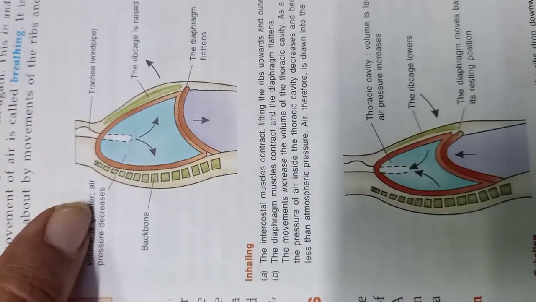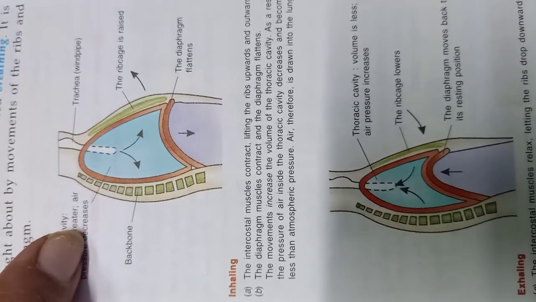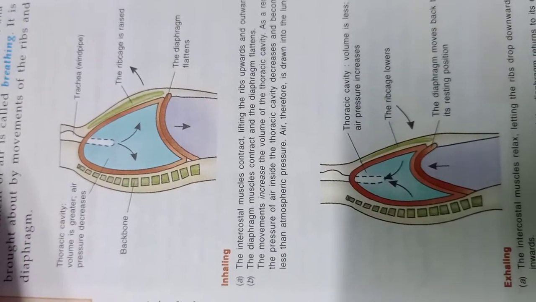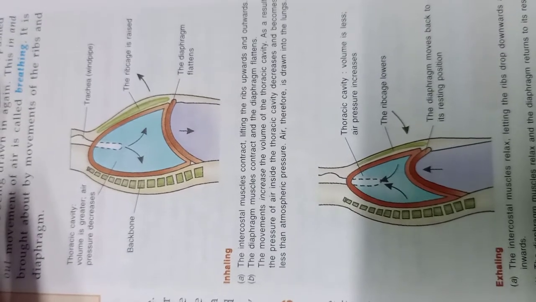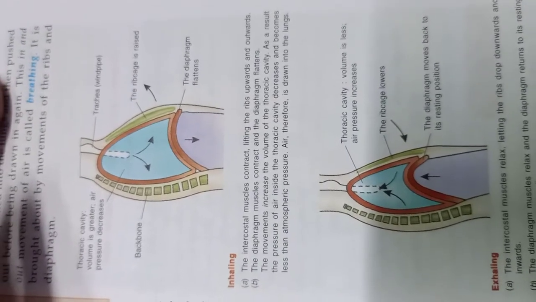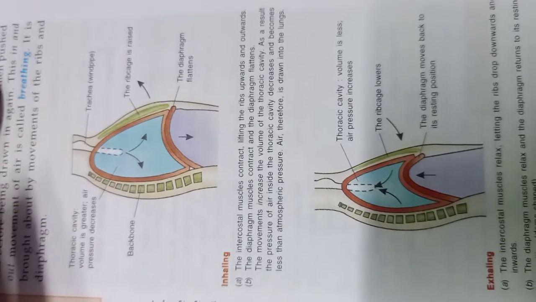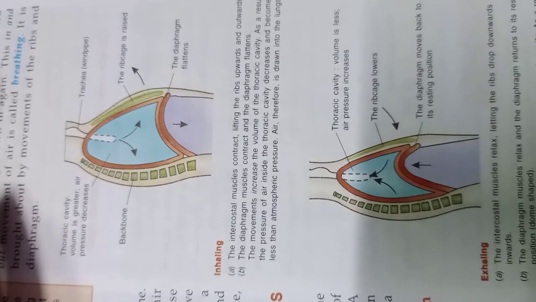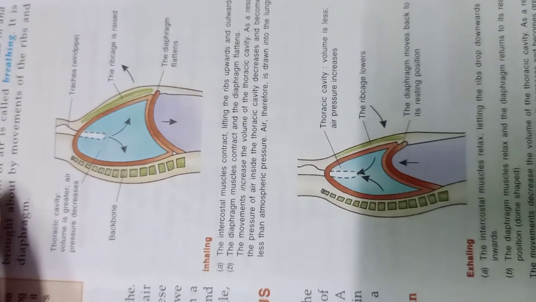When volume is greater, air pressure decreases and the diaphragm becomes flattened. Then the diaphragm muscles contract and the diaphragm flattens. The movement increases the volume of the thoracic cavity. As a result, the pressure of air inside the thoracic cavity decreases and becomes less than atmospheric pressure. So air therefore is drawn into the lungs.